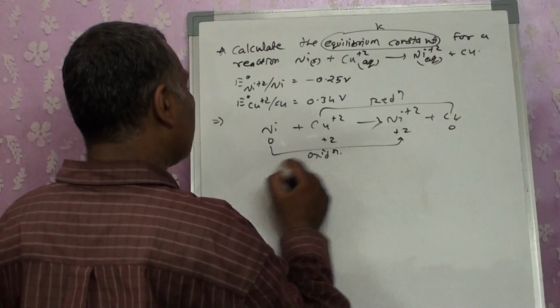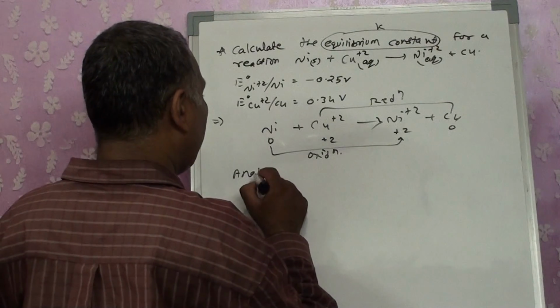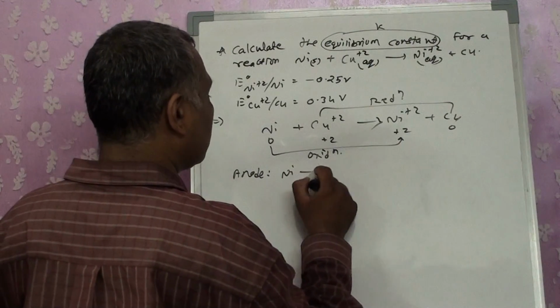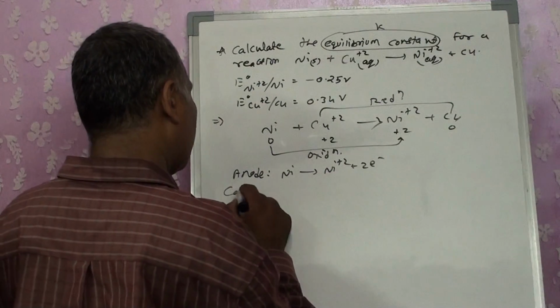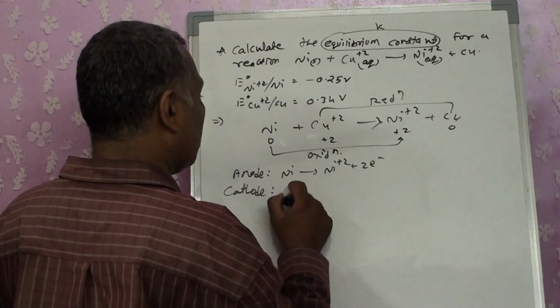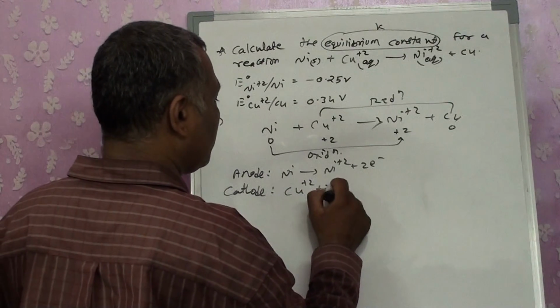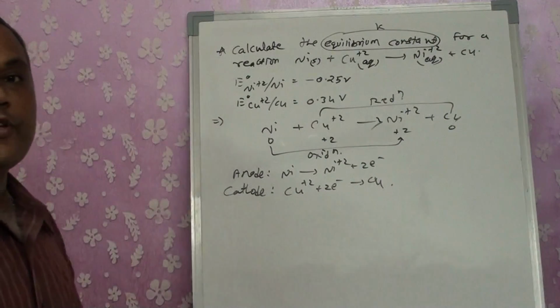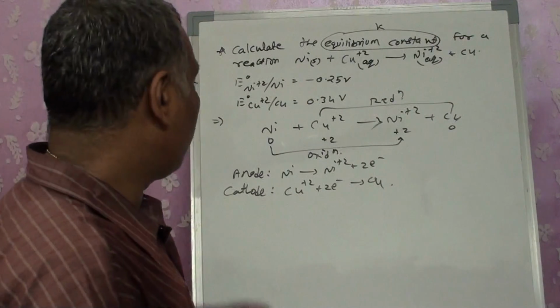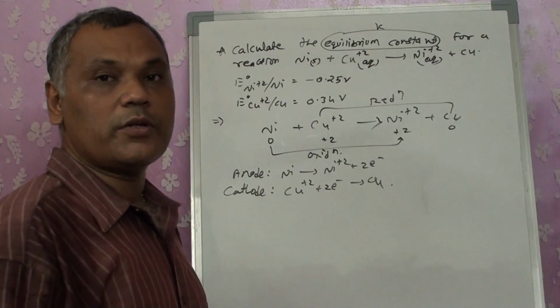That means Ni is going to act as the anode: Ni gets converted into Ni2+ plus 2e. Cu2+ will be the cathode: Cu2+ plus 2e gets converted into Cu. So we got which reaction acts as anode and which as cathode.